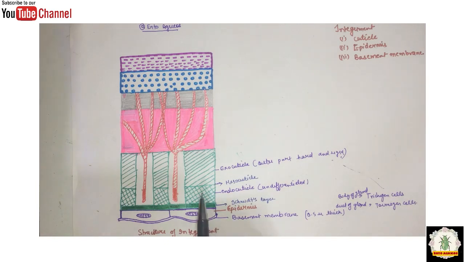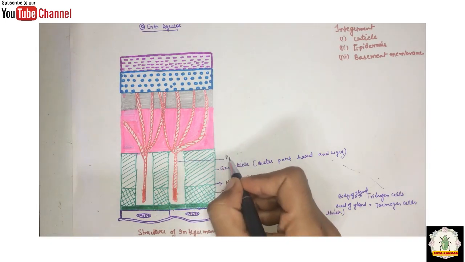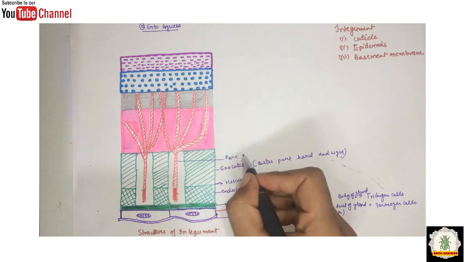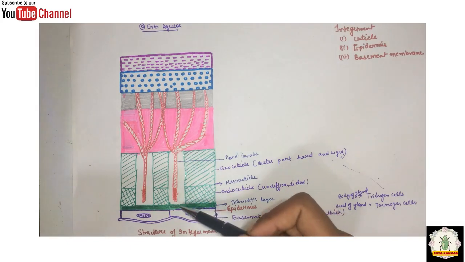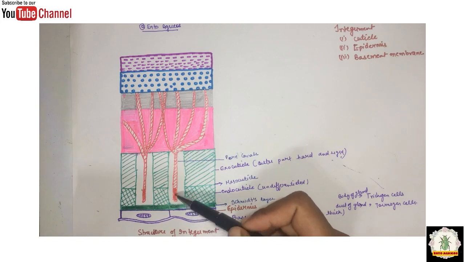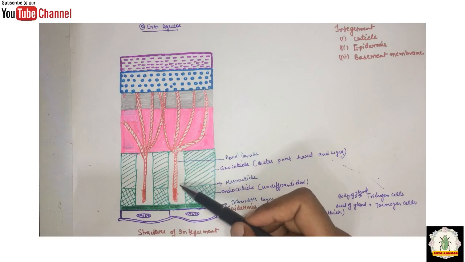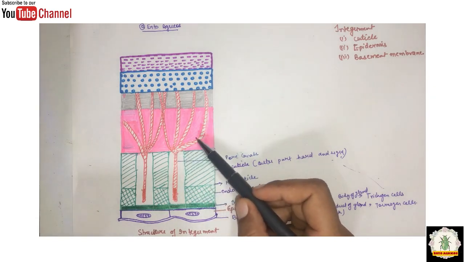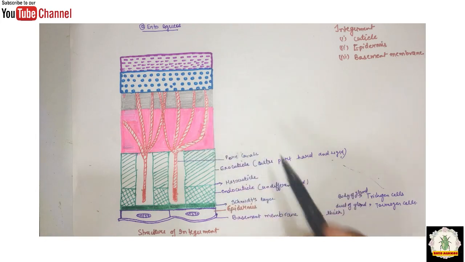Next, you can see over here these ducts, they are the pore canals. These are the ducts that are running from the epidermis, and they go up to the inner epicuticle.